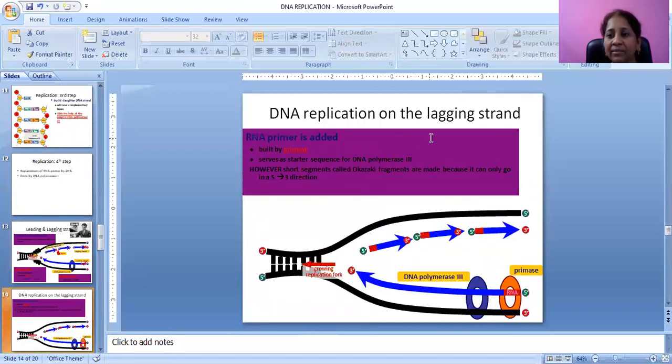DNA replication on the lagging strand. An RNA primer is added, built by RNA primase. It serves as a starter sequence for DNA polymerase 3. However, short segments called Okazaki fragments are made because it can only go in the 5 prime to 3 prime direction.